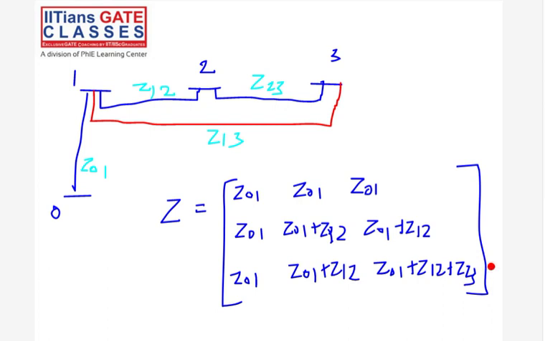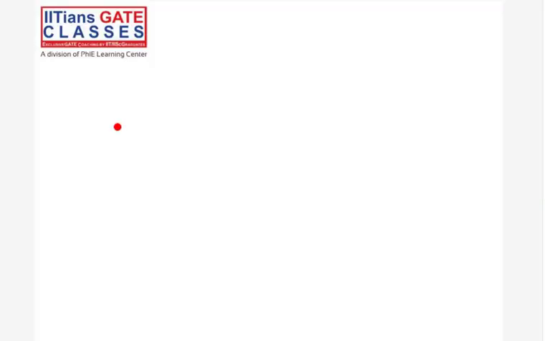Now we are going to add this new element set 1, 3, right? So what we need to do is create a new row and a new column temporarily. This is like creating a temporary bus.